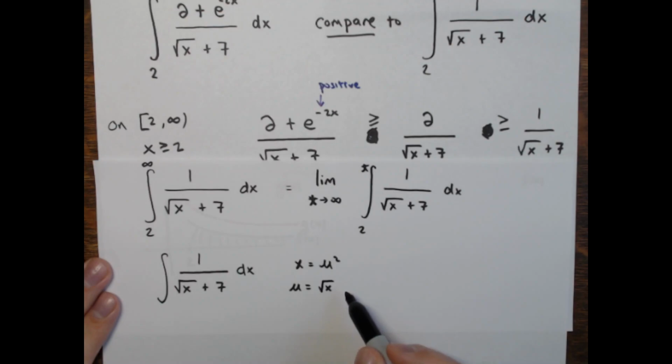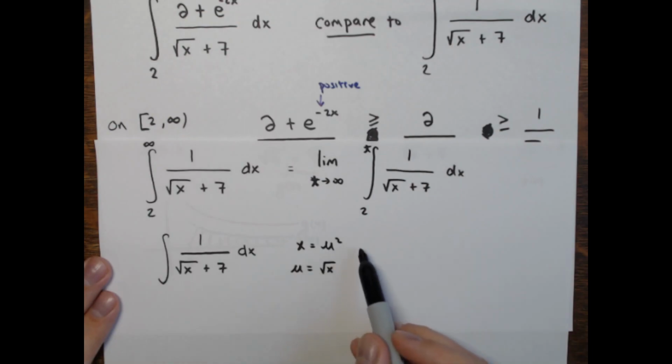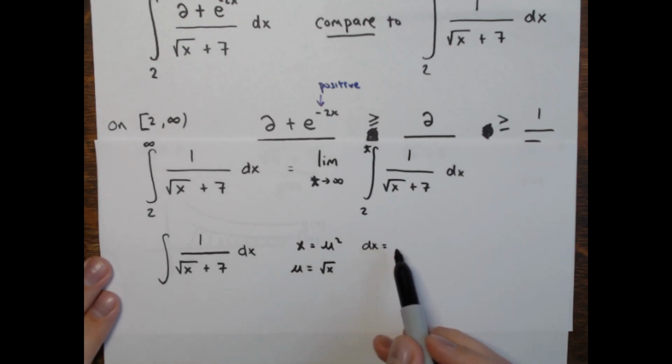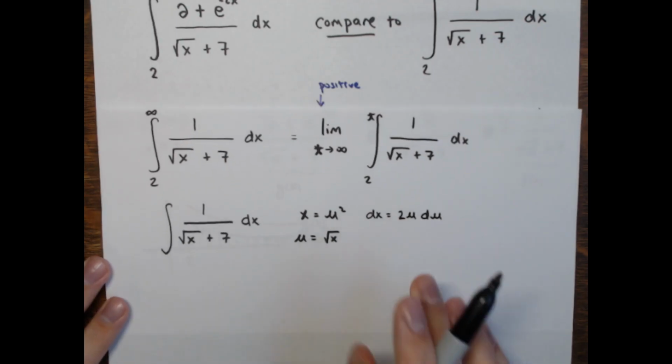Let's see what happens when I do this. Then dx will be 2u du. Yeah, this won't be so bad.